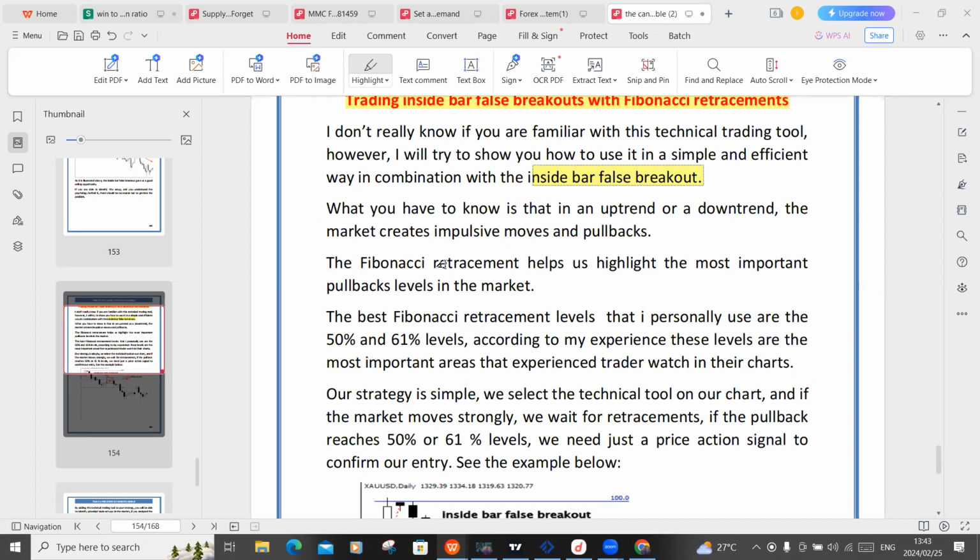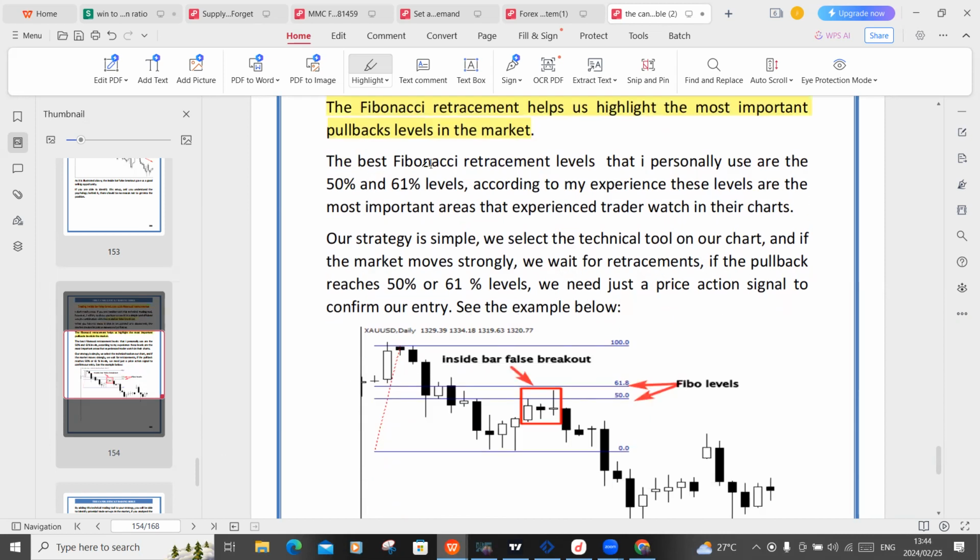So the fib retracement helps us highlight the most important pullback levels in the market. That's the main use of the fib, right? The best Fibonacci retracement levels that I personally use are the 50 and 61 levels. According to my experience, these levels are the most important areas that experienced traders watch for in their charts.